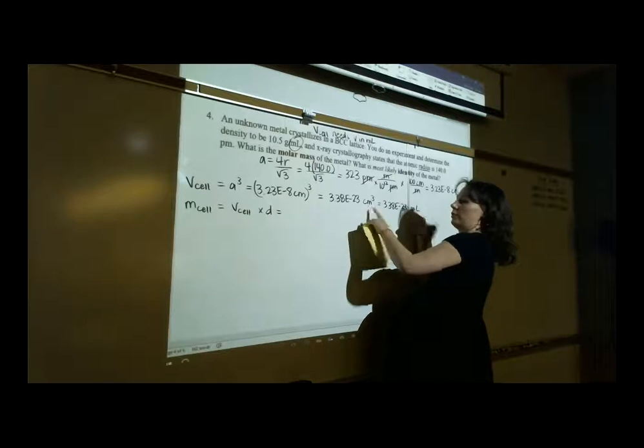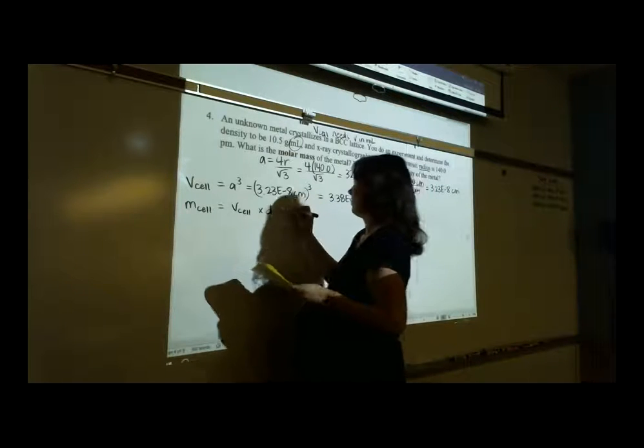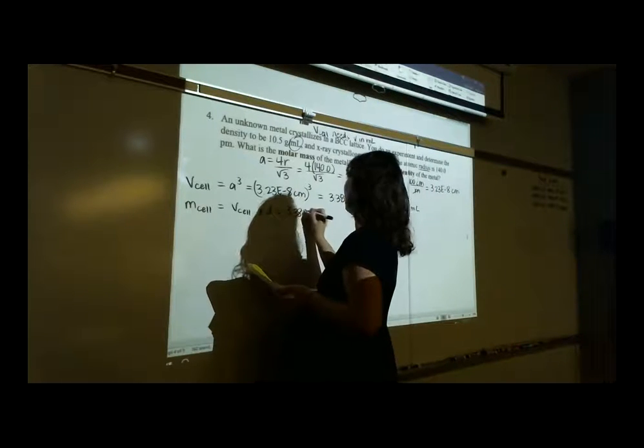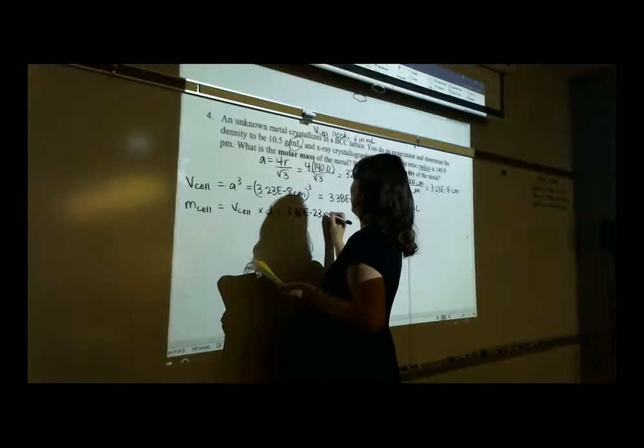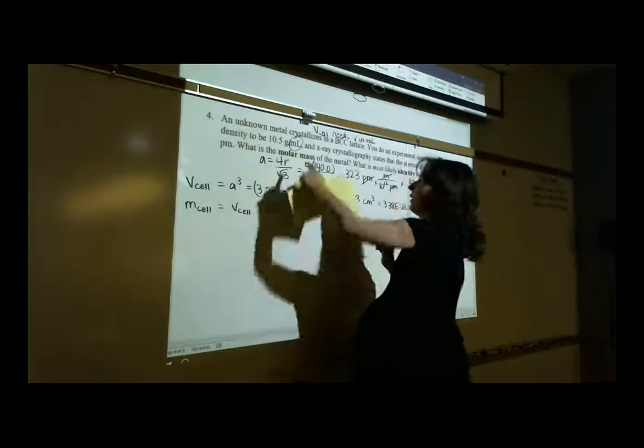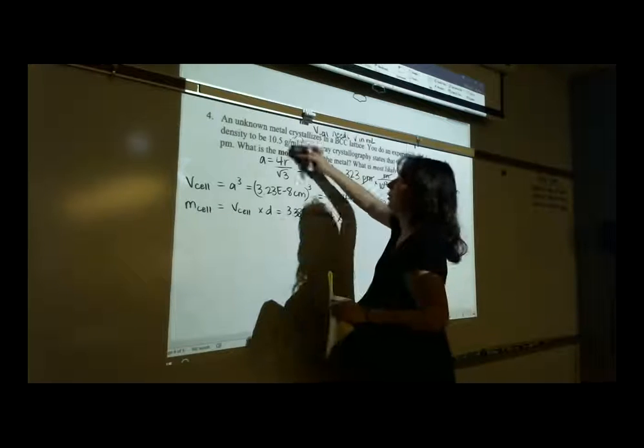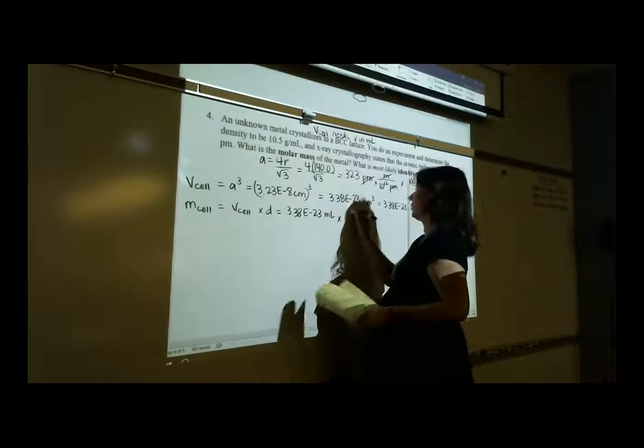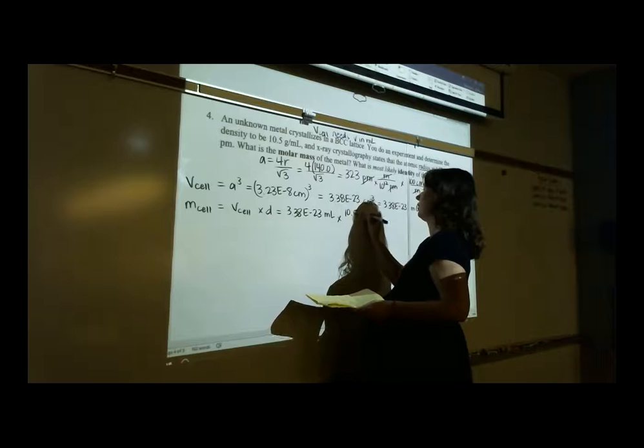Centimeter cubed and milliliters are the same. So 3.38 times 10 to the negative 23rd milliliters times the density that I was given in my problem up here, right? 10.5 grams per mil.